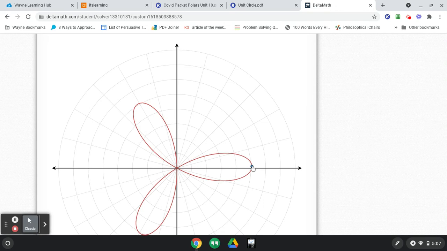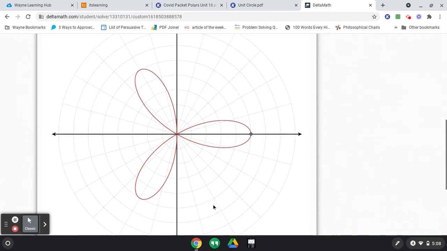Make sure you're not off, right? You don't want that. Delta Math gives you a little wiggle room, but not too much. They really do like it to be right where it needs to be. So we have our 3 petals. The maximum value is 5, and it is facing towards the 0.